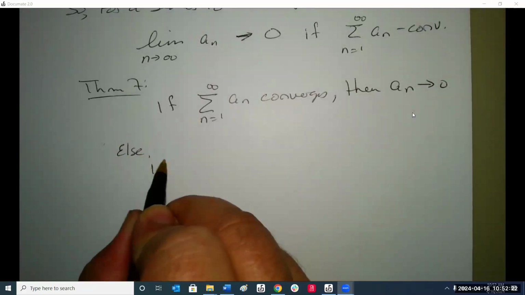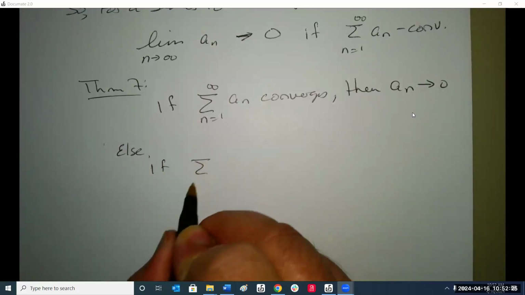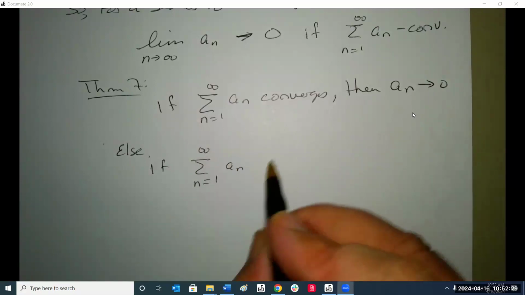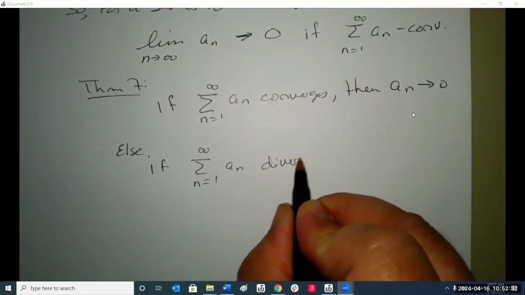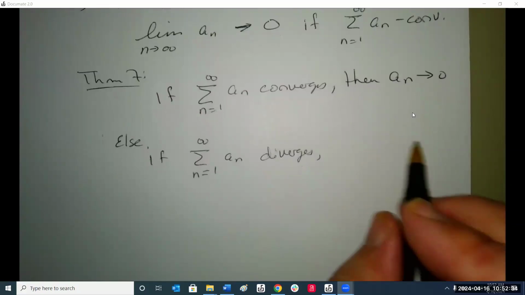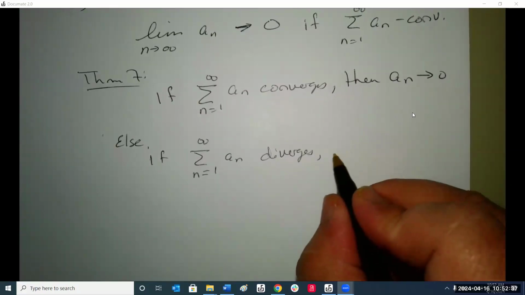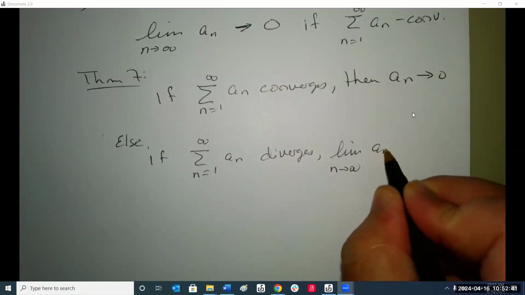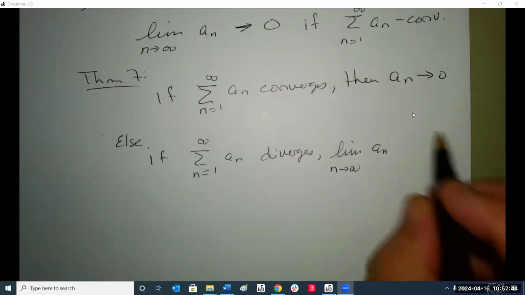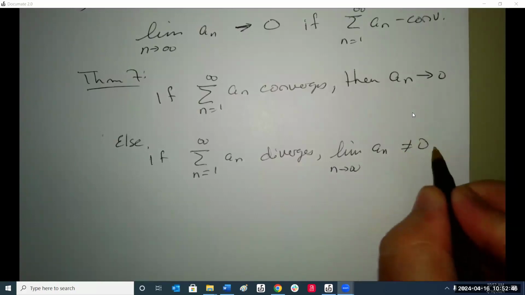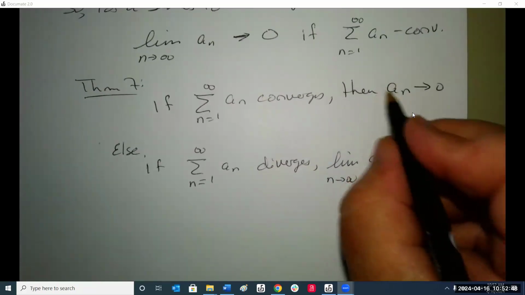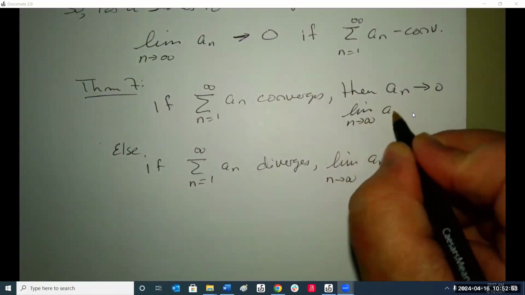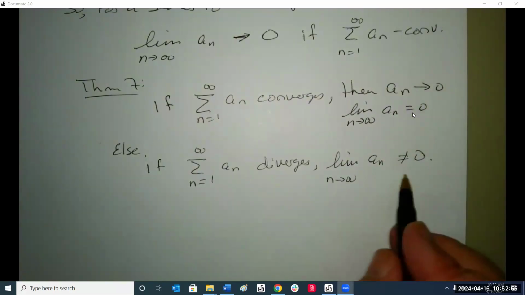Else, if the summation of the sequence diverges, then the limit as n goes to infinity of a sub n does not equal 0. So what this one says is that the limit as n approaches infinity of a sub n equals 0 if it converges, and if it doesn't equal 0, it diverges.